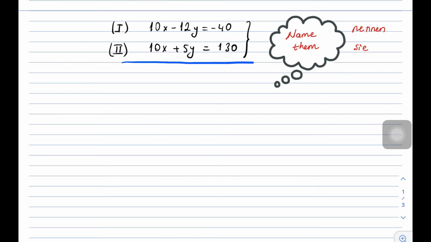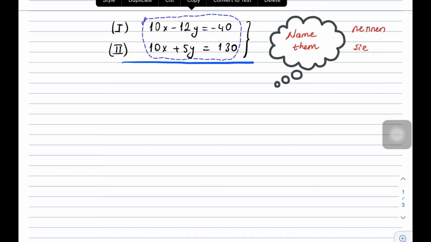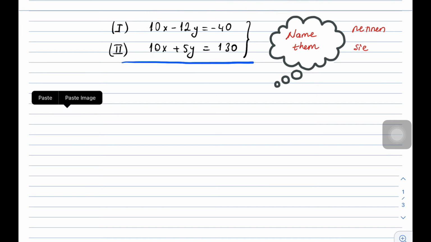It's very important. That means above this is my system. All right, let's copy this one down, paste it here and start to solve. Make my line.